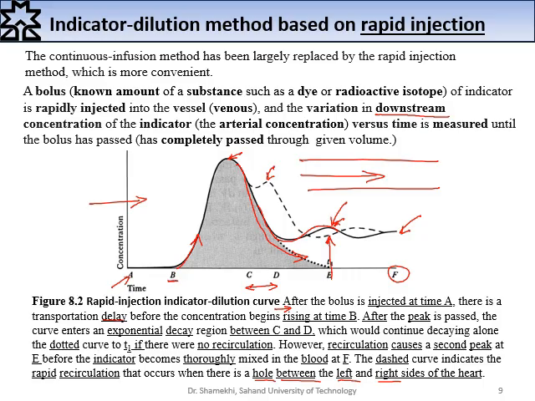For example, ASD, atrial septal defect, may lead to this abnormal dashed curve with a rapid recirculation.